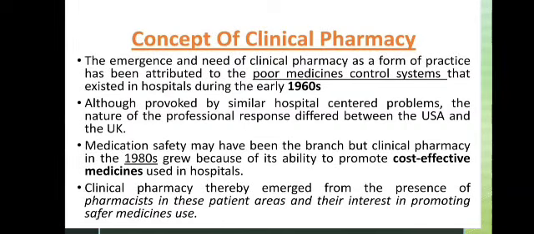The emergence and need of clinical pharmacy as a form of practice has been attributed to the poor medicines control systems that existed in the hospital during that time. There were problems in how medicines were used, stored and monitored, which created a need for improvement. Third, both the USA and UK faced similar hospital problems, but they developed different approaches to solve them.